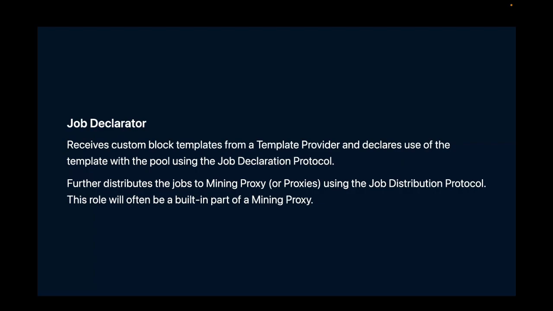The job declarator receives block templates from the template provider and declares use of the template with the pool using the job declaration protocol, which we're going to look at in detail later. Then it distributes the jobs to the mining proxies using the job distribution protocol. This role will often be a built-in part of a mining proxy.